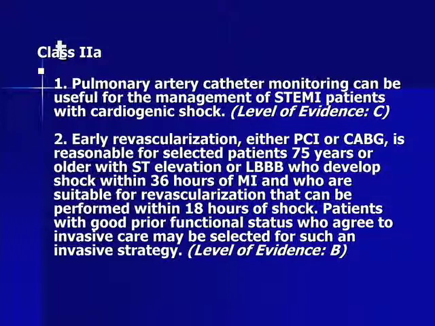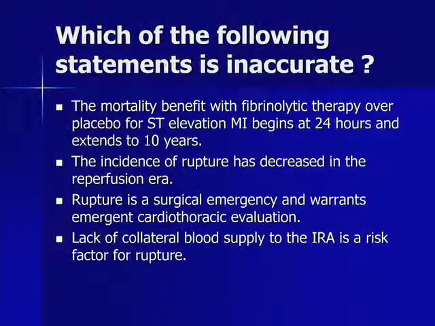This is unlike the traditional shock data that you see in most critical care programs, where there is an increased mortality associated with the use of a pulmonary artery catheter in the setting of cardiogenic shock. So which of the following statements, again, is inaccurate? The mortality benefit with fibrinolytic therapy over placebo for ST elevation MI begins at 24 hours and extends out to 10 years.